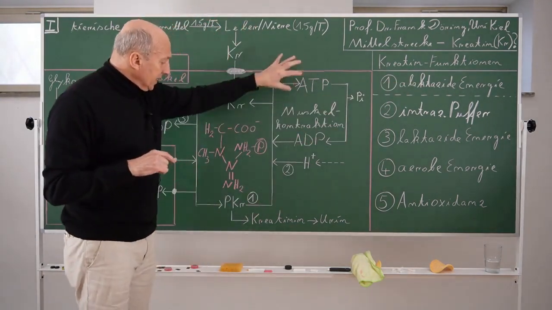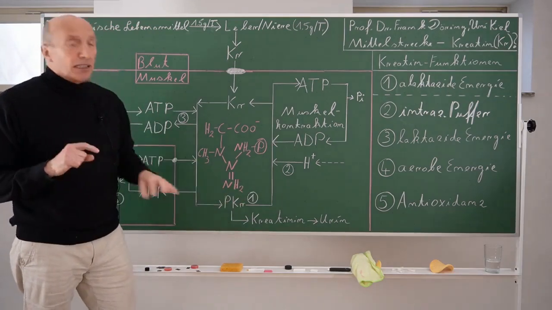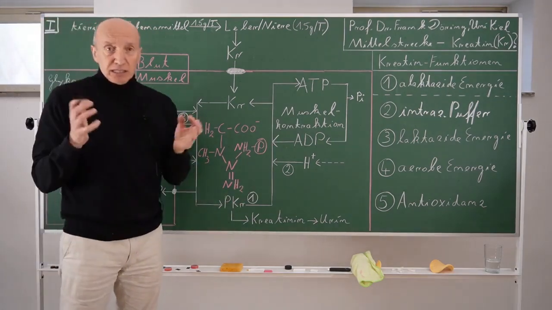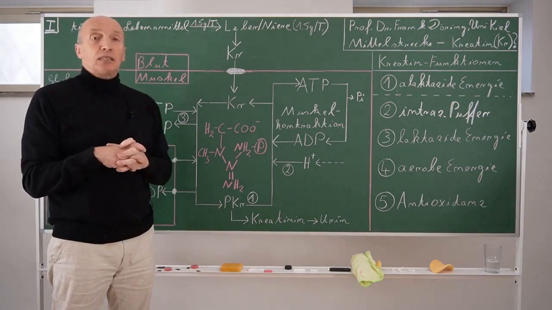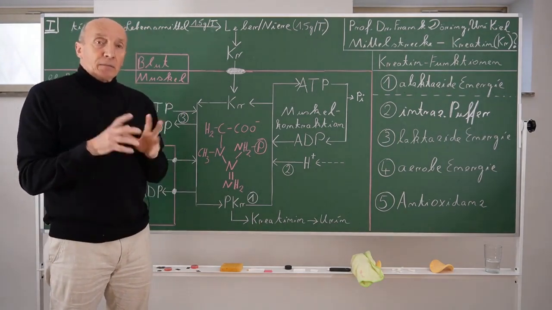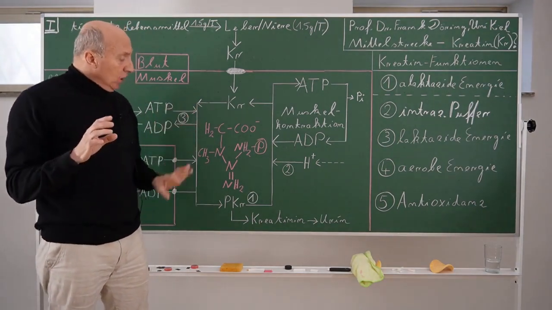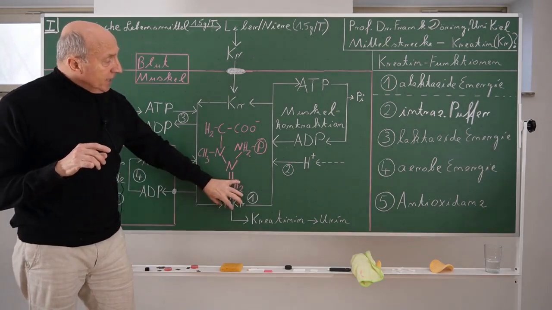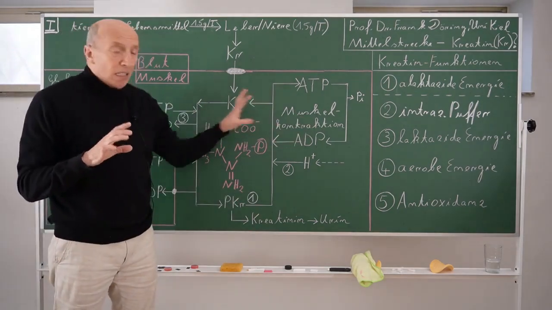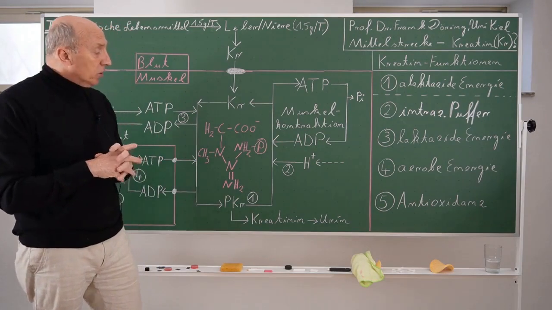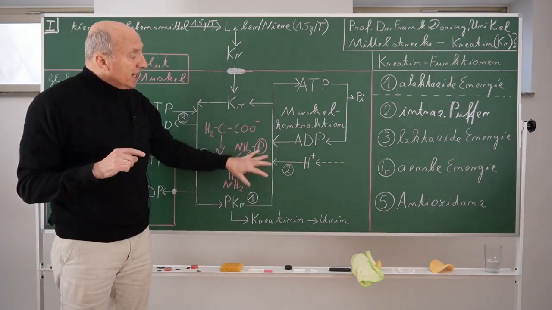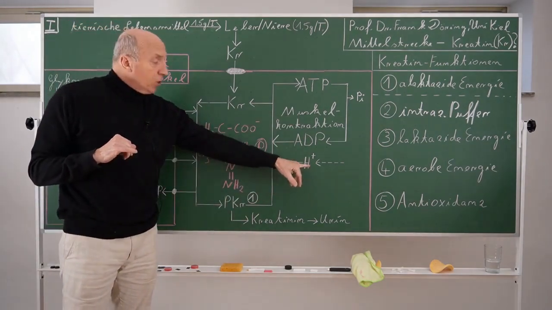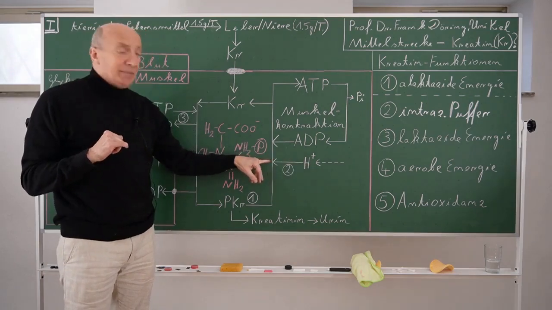The pool of ATP and phosphocreatine is enough for 20, maybe 30 seconds. If you take a closer look at the reaction between phosphocreatine and ATP biochemically, you will find that in this reaction, a hydrogen ion is net consumed.